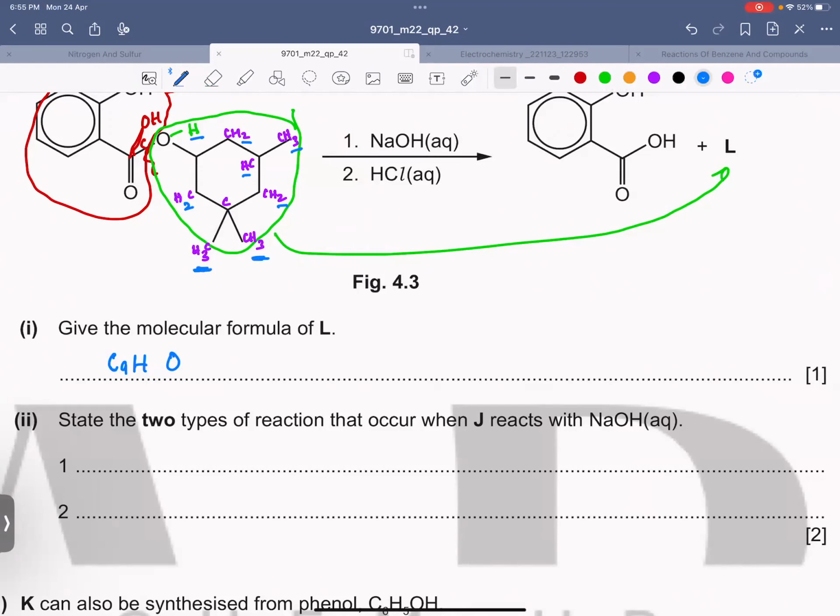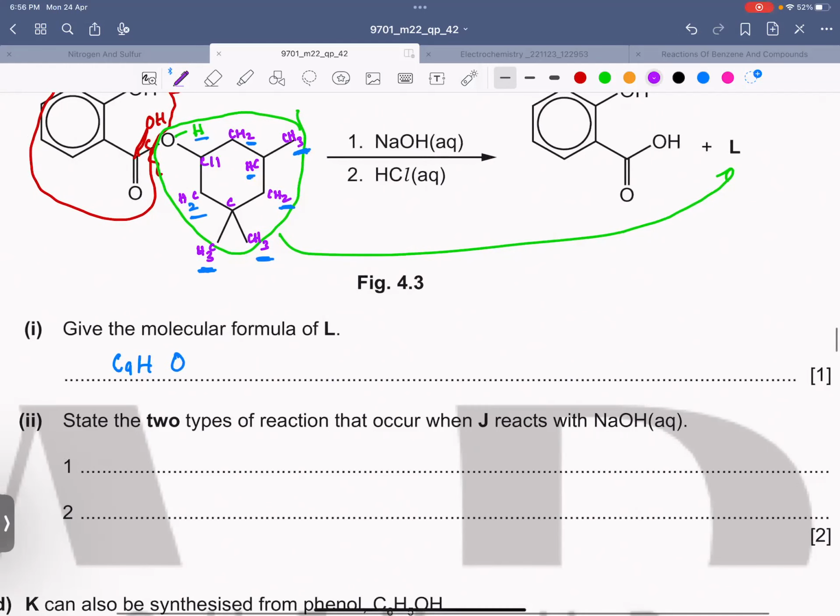So 3 plus 3, 6, 6 plus 3, 9, 9 plus 2, 11, 11 plus 2, 13, 14, 15, 16, 17. Okay, I left one thing. Sorry, I overlooked. There is a CH over here as well. So that's why 18. Luckily, I got the correct formula.